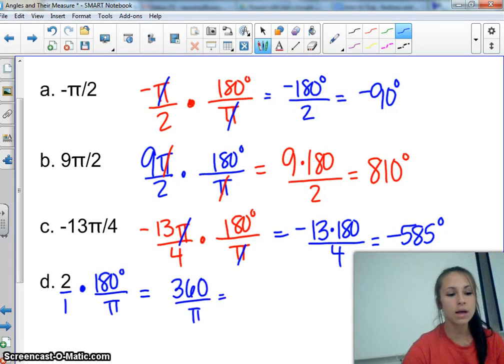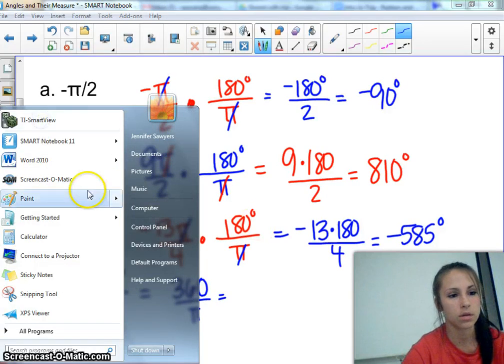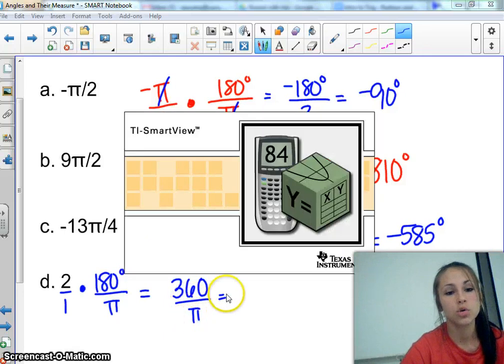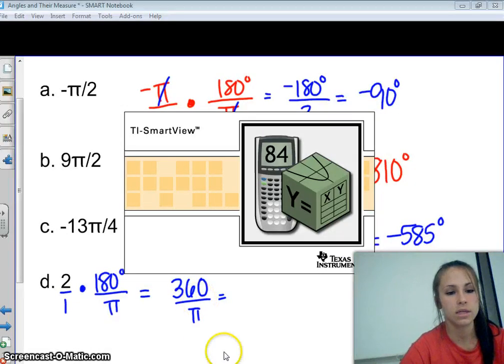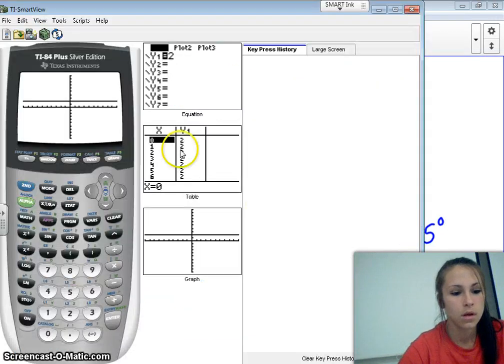And so in my calculator, let's go bring up our calculator. Whenever I plug this in the calculator, I'm going to actually use the pi button to get a decimal, and divide 360 by that decimal. Okay, so let's go ahead and plug this in.